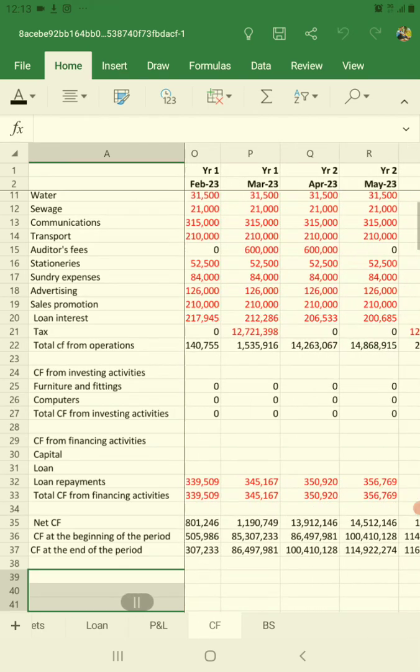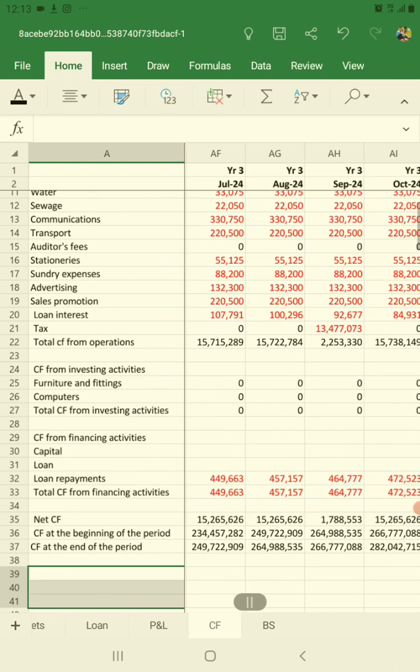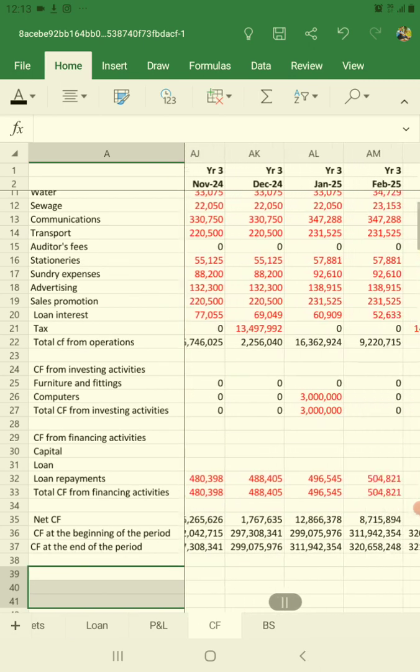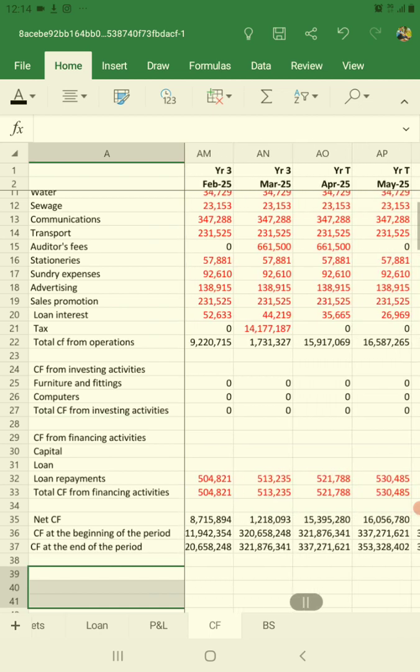For computers we had to do replacement of fully depreciated computers in January of year 3, so we had to purchase a new laptop and dispose of the old one. So that gives us the total cash flow from investing activities.